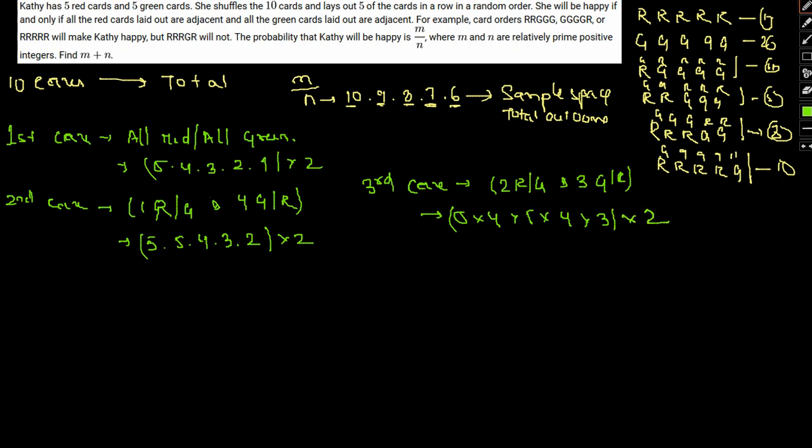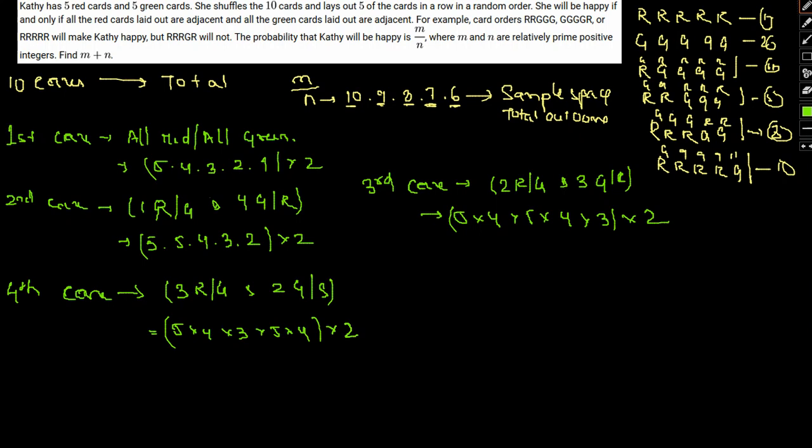Fourth case would be 3 red or green and 2 green or red, which we can write as 5 into 4 into 3 into 5 into 4, into 2.